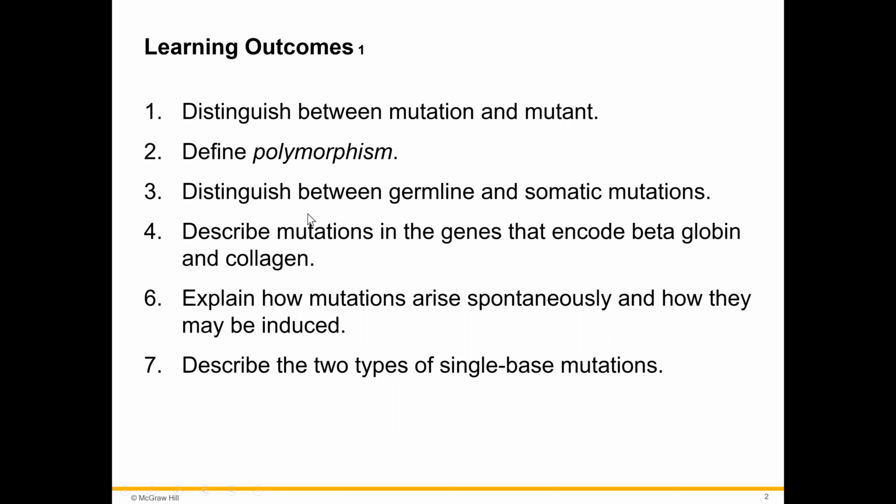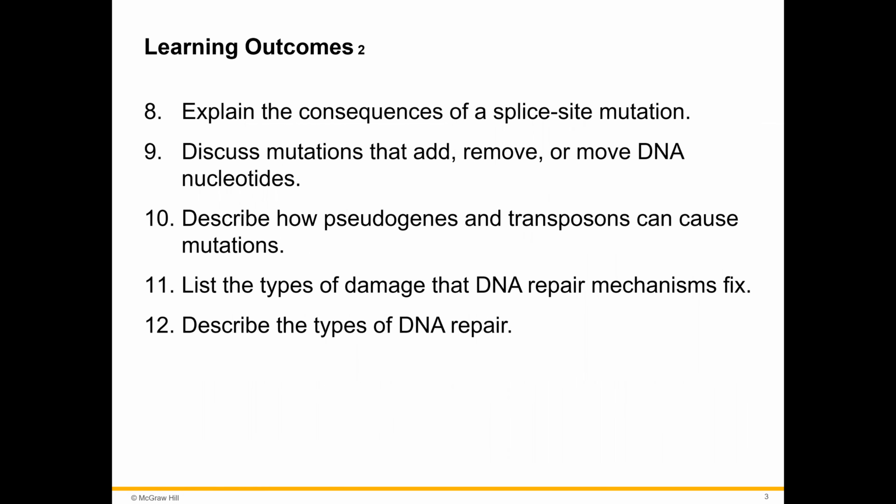After completing this chapter, you will be able to distinguish between mutation and mutant, define polymorphism, distinguish between germline and somatic mutations, describe mutations in the genes that encode beta-globin and collagen, explain how mutations arise spontaneously and how they may be induced, describe the two types of single base mutations, explain the consequences of a splice site mutation, discuss mutations that add, remove, or move DNA nucleotides, describe how pseudogenes and transposons can cause mutations, list the types of damage that DNA repair mechanisms fix, and describe the types of DNA repair.